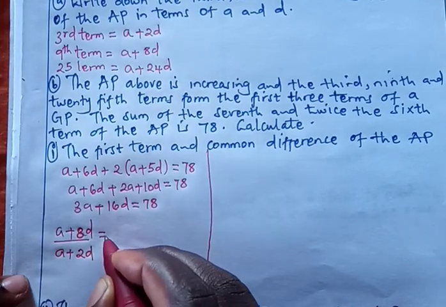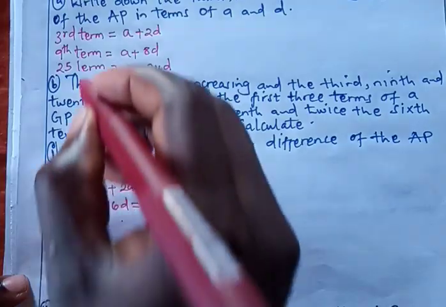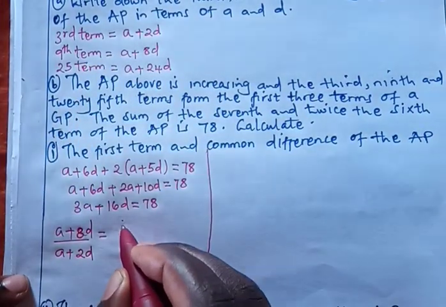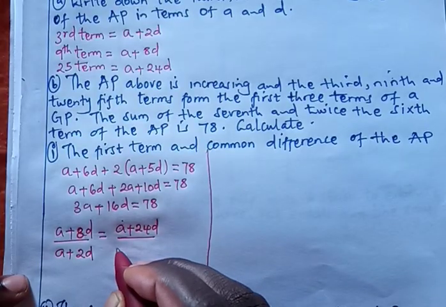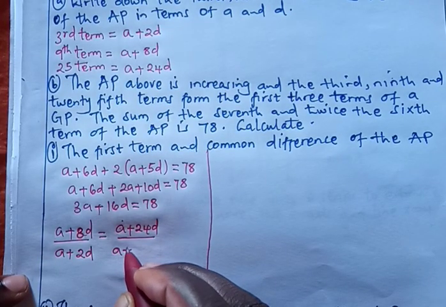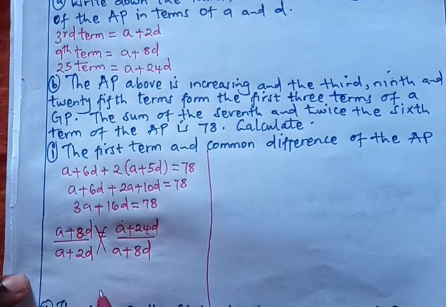Then this is equal to the 25th term, which is A plus 24D, divided by the ninth term, which is A plus 8D. Then we do cross multiplication under this part.